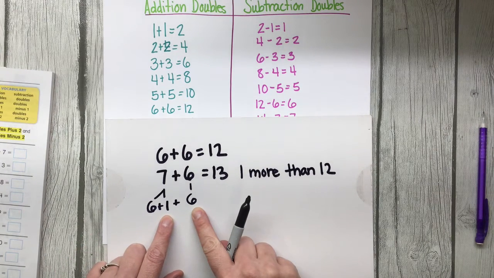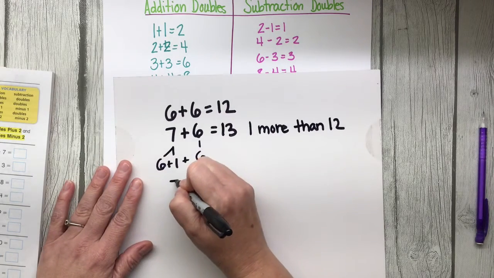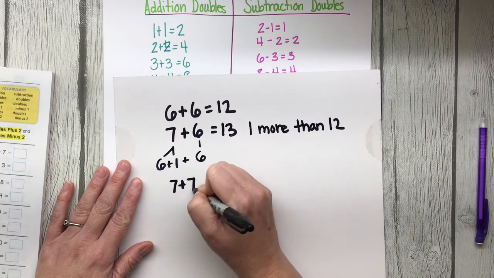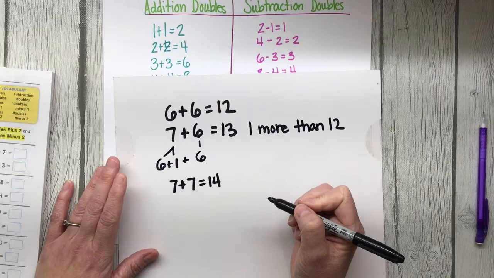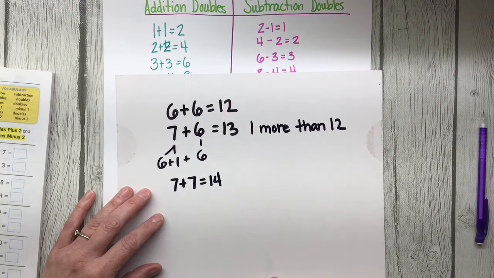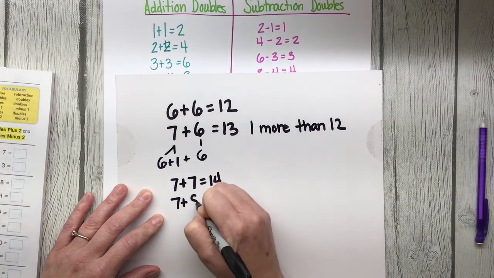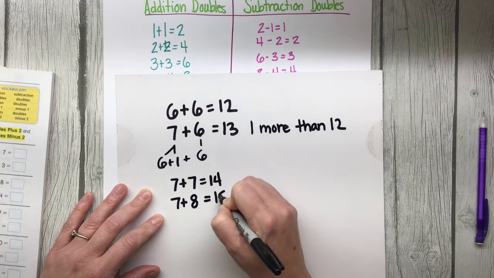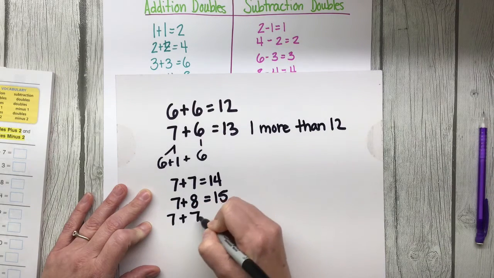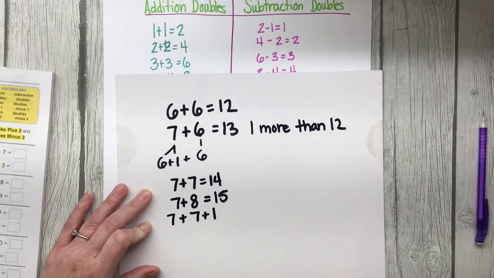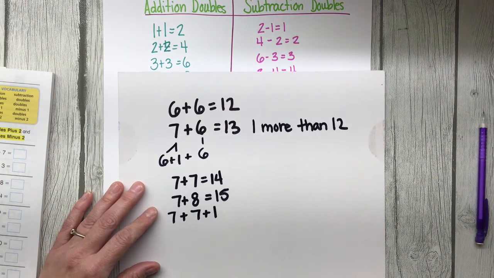We're going to go on with this again. 7 plus 7 equals 14, right? So it makes sense to say 7 plus 8 equals 15, because we have 7 plus 7 plus one more. I'm going to phrase it differently this time.